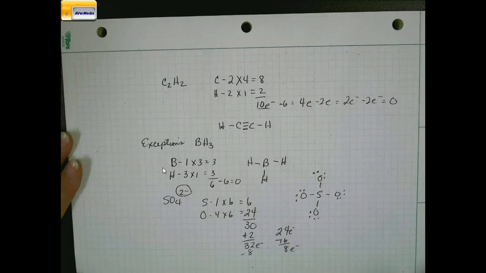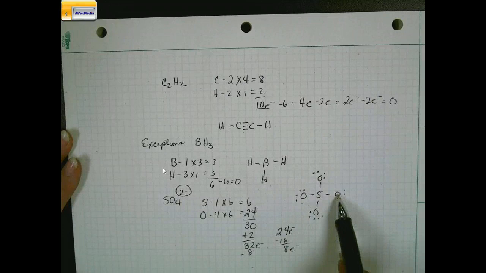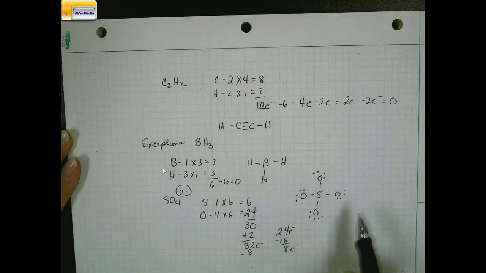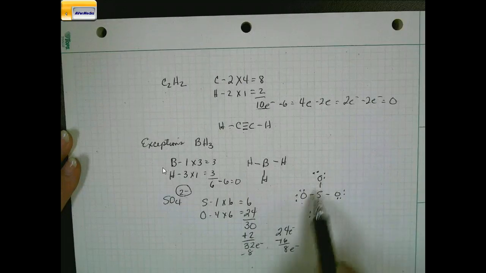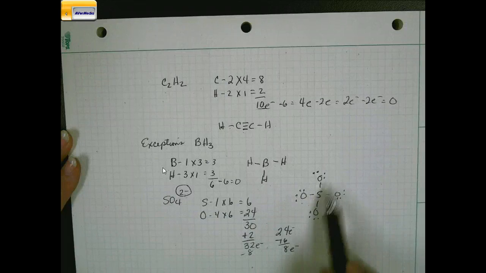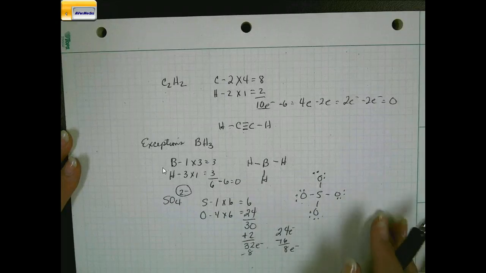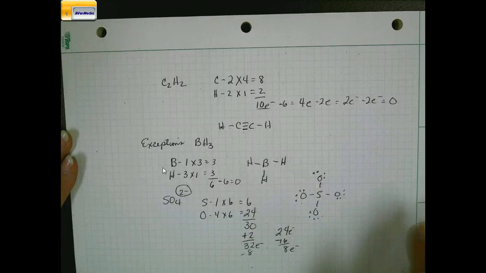Now, I could put 2 electrons here, 2 here, 2 here, and 2 here. But then I would have a lot of positive charge on the sulfur and all these negative charges on the oxygens, and that has to do with formal charge, which we will talk about in another video.